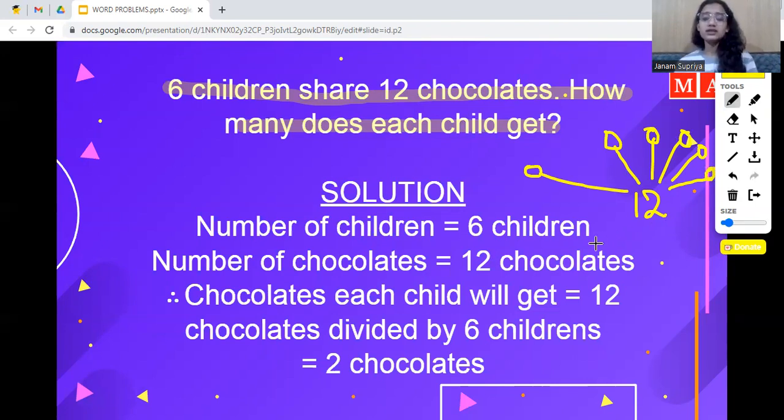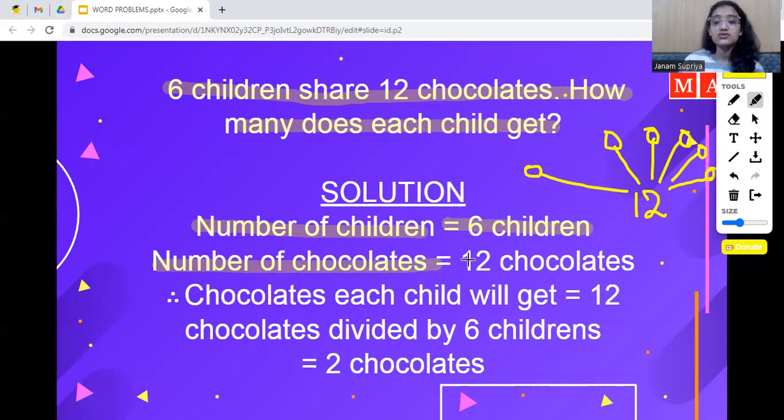How many chocolates will each child get? We need to find that out. So the given part is the number of children, 6, and the number of chocolates, 12. Now we need to divide this 12 into 6 parts. So how simply can we write it? 12 is getting divided between 6 children.